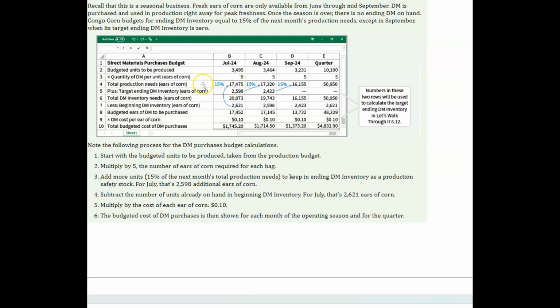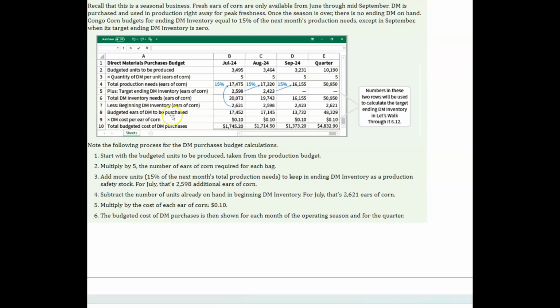And the next problem, we've got apples. So this unit right here is going to be different. So just be aware of that. We're going to start out with our units to be produced, and then how much direct material per unit. Here's our direct material per unit. And this is the way I think of it: we've got this middle part where it's plus target direct material ending inventory, gives us what we need, less beginning direct material inventory.